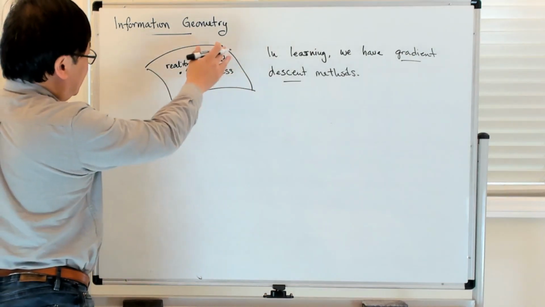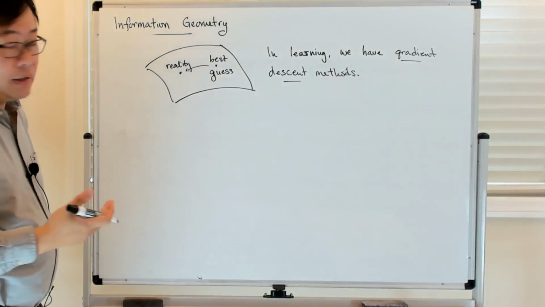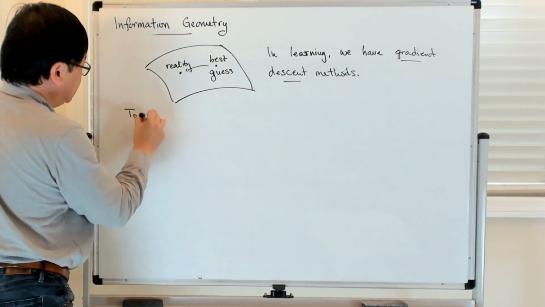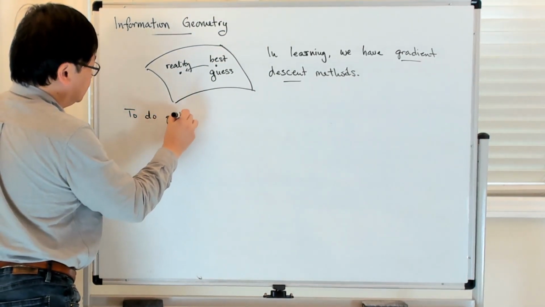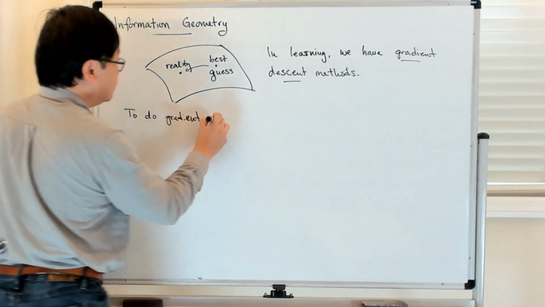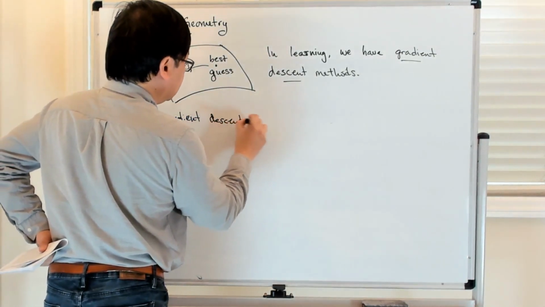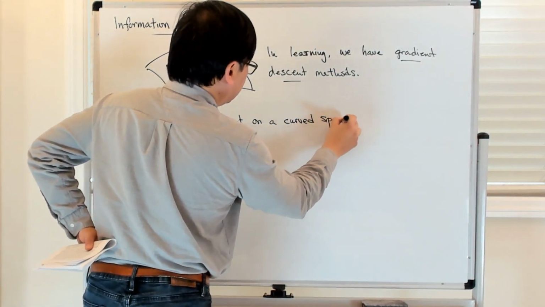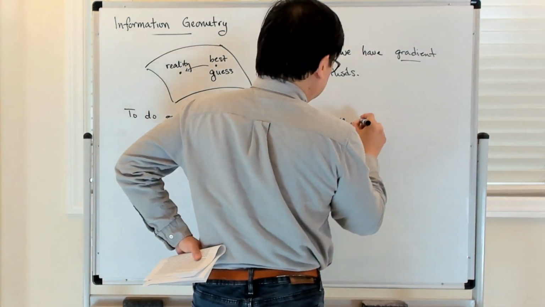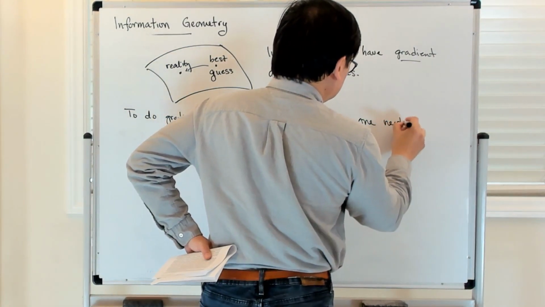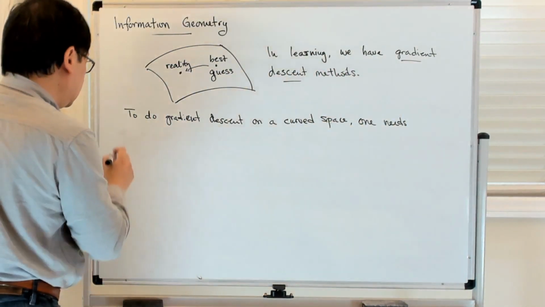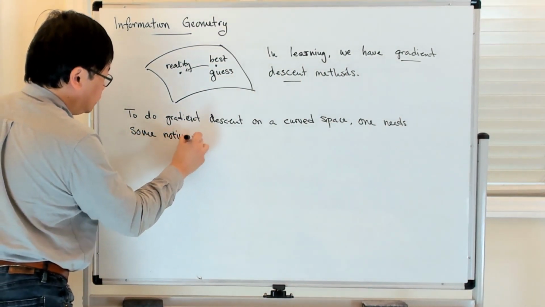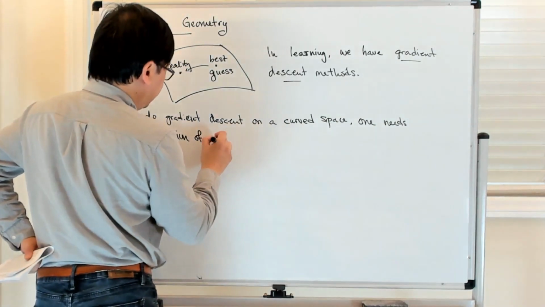But one might ask, what is necessary to do something like gradient descent on a curved space? To do gradient descent on a curved space, one needs some notion of what is called a metric.